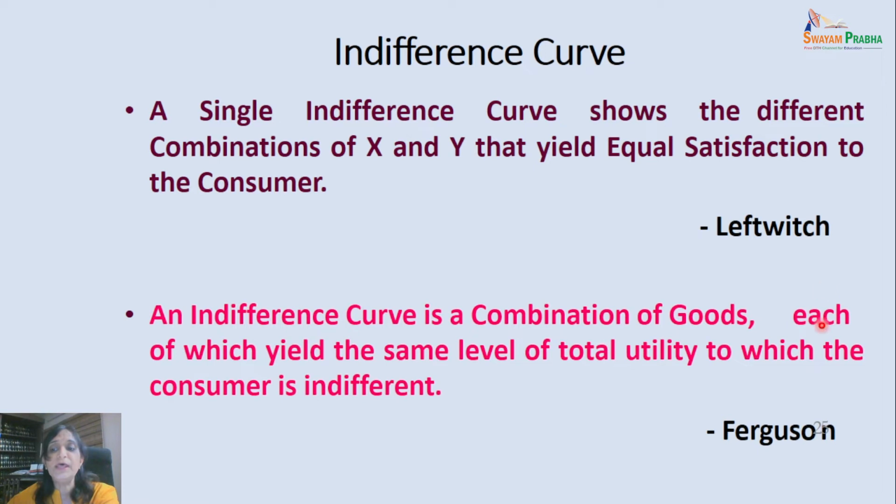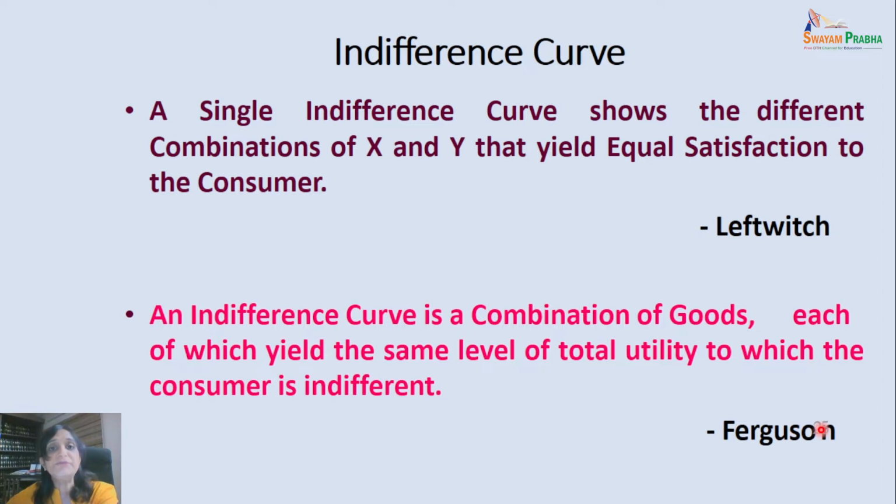Another definition has been given by Ferguson. He says an indifference curve is a combination of goods, that is, various combinations of goods, which give the same level of total utility to the consumer. Therefore, the consumer is indifferent between them.